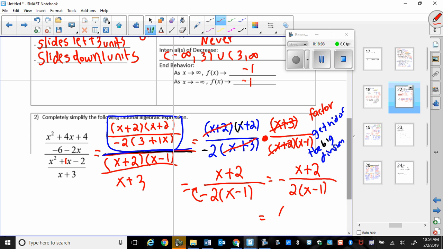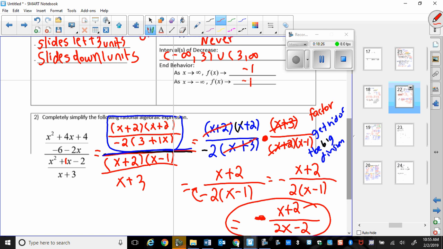This equals x plus 2 over 2x. Make sure my negatives clear out there. Minus 2. And there's my final answer. It's a lot of work to get to this.